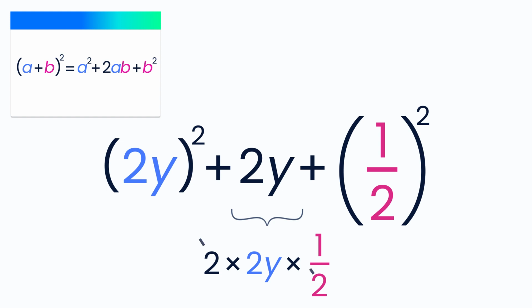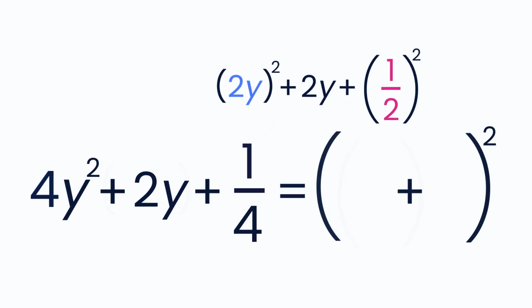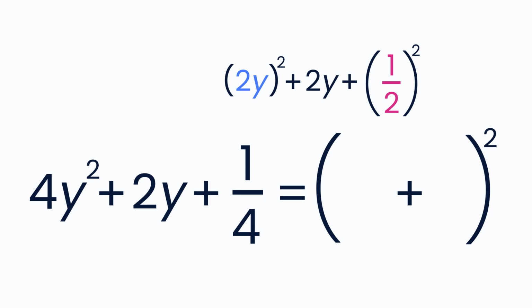Here, you can cancel one factor of 2 against 1/2, and you're left with 2y, which is equal to the second term of the original expression. This means that you can factorize the expression as follows. 4y squared plus 2y plus 1/4 equals the expression (2y + 1/2) squared.